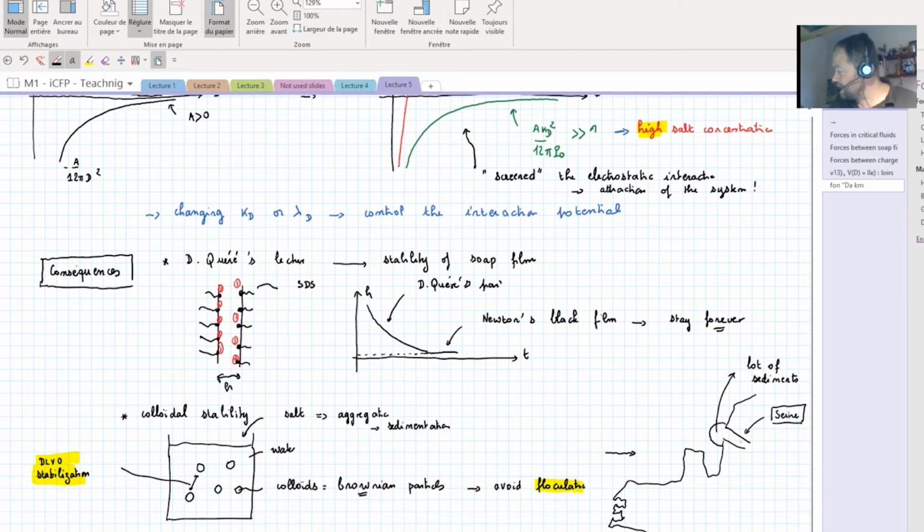is the fact that here you have kappa d, which is small, or here we have a lambda d, which is high. And when we go up to the sea, we have a lambda d, which becomes small, and then you have all this sedimentation in this area.